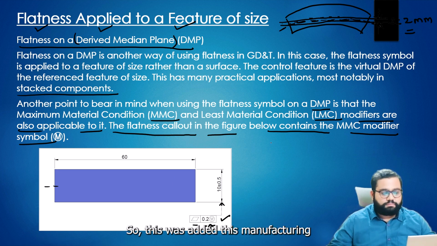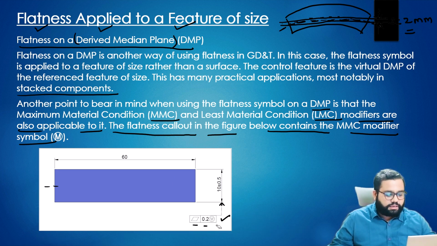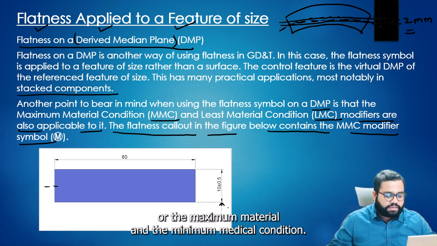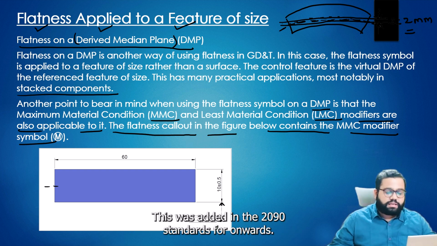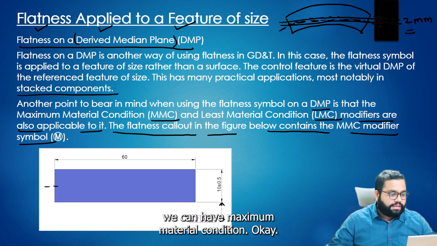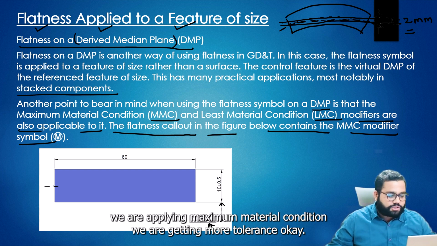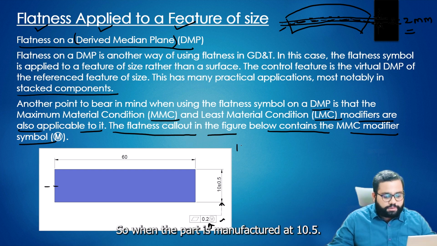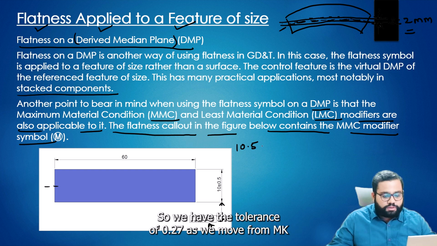The maximum material and minimum material conditions were added in the 2009 standards onwards. Since we are applying flatness to a feature of size only, here we can have the maximum material condition. Whenever we apply it, we get more tolerance. When the part is manufactured at 10.5, we have a tolerance of 0.2 mm.